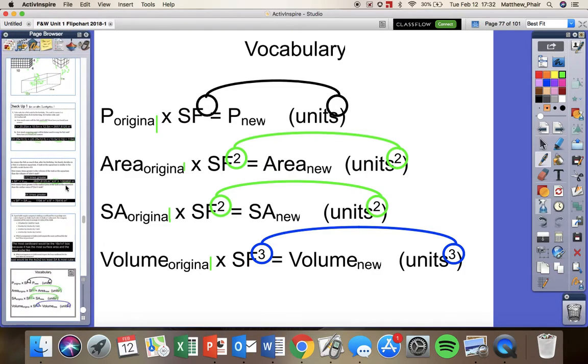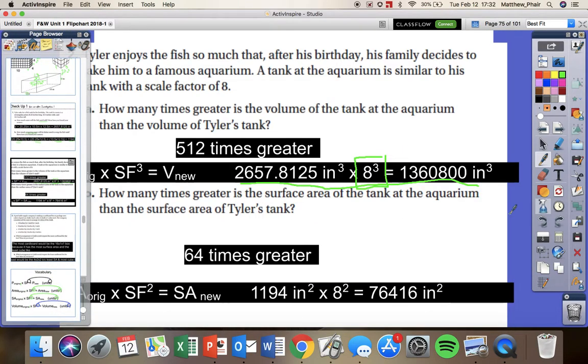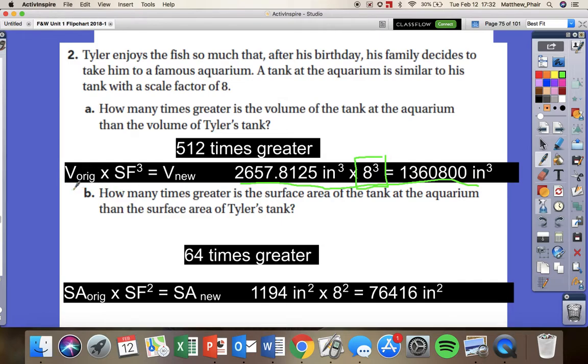So as we think about this problem here, the simple way to do it would be to take the original volume, which we got from the previous problem, which was this number here, multiply it by the scale factor cubed, and that gives my new volume. What I was really looking for here and how many times greater, that you would actually tell me that that is 512 times greater. 512 is 8 times 8 times 8.